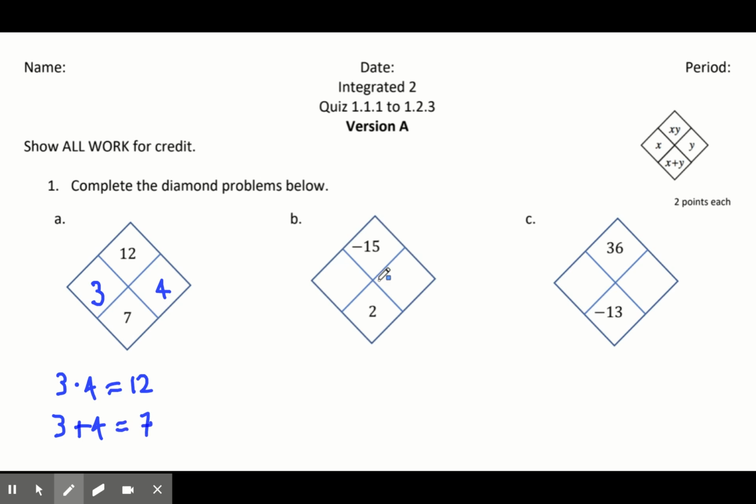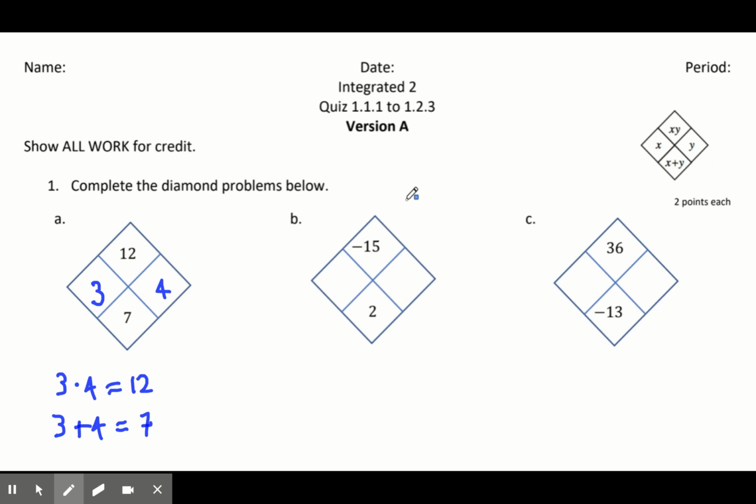For these, you need two numbers that multiply to negative 15 and add to 2. The only way to multiply to a negative number is with one positive and one negative, and when you add one positive and one negative, it acts as subtraction.